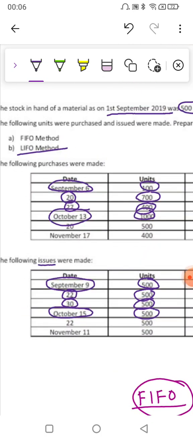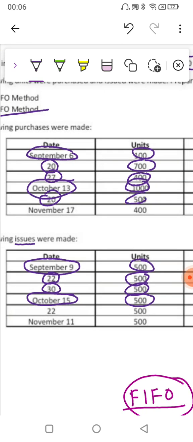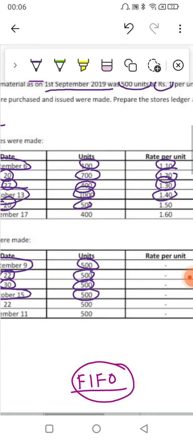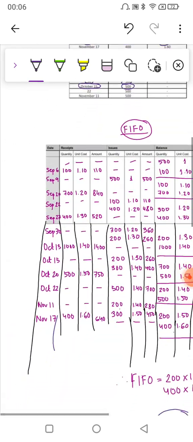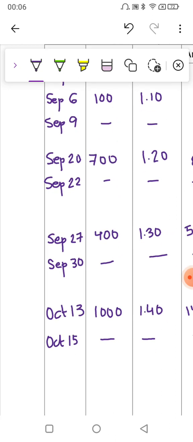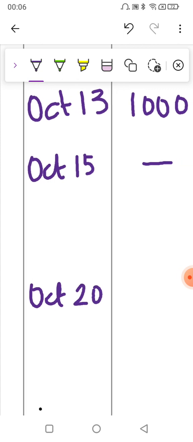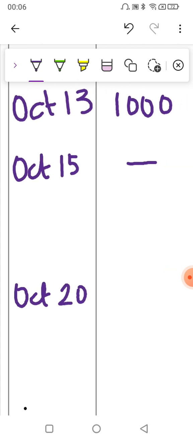After this is done, we are going to move to the next date that we have. After October 15, we have got October 20, you can see over here. Purchases of 500 were made for 1.50. So October 20, we are going to record October 20. We had purchased 500 units. So we will write 500 over here.